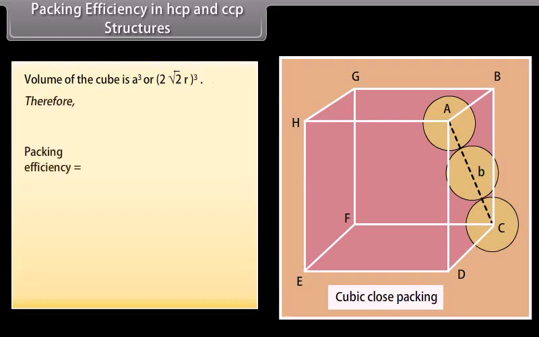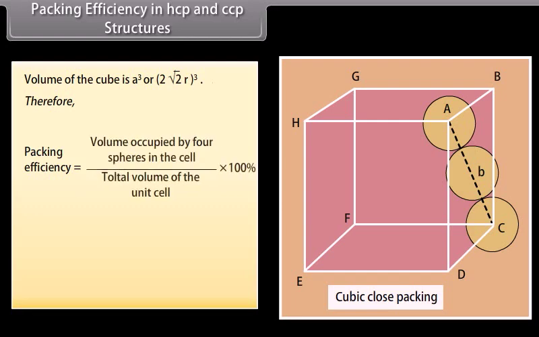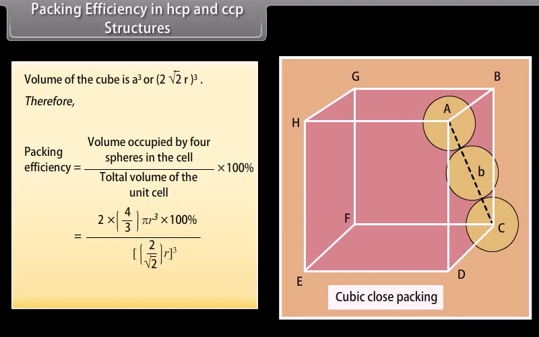Therefore, packing efficiency is equal to volume occupied by 4 spheres in the cell × 100 upon total volume of the unit cell, which is equal to 4 × 4/3 πr cube × 100 upon (2 square root 2 r) cube, which is equal to 74%.